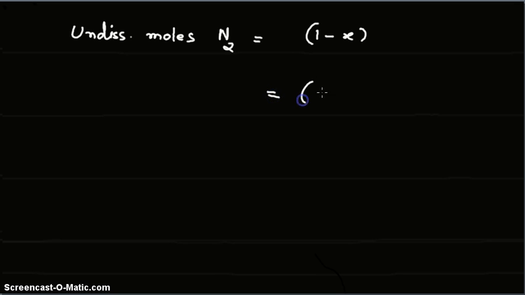But we have been asked to find the number of undissociated moles of nitrogen at equilibrium, and that is equal to 1 minus x, as we have seen earlier in the chart. Substituting the value of x, 1 minus 0.5, we get the answer 0.5, and this is our answer.